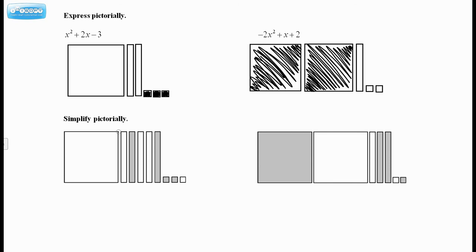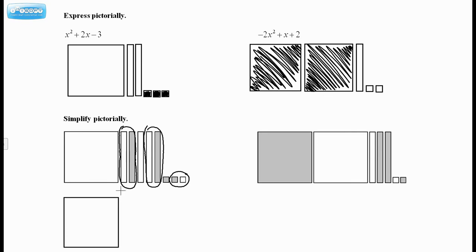So I'm going to circle all the ones that effectively cancel each other out. Those are gone. Those are gone. And those are gone. So all I have to do is write whatever's left. So I still have positive x squared.